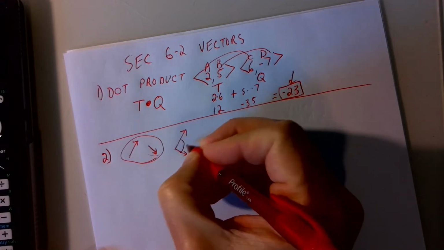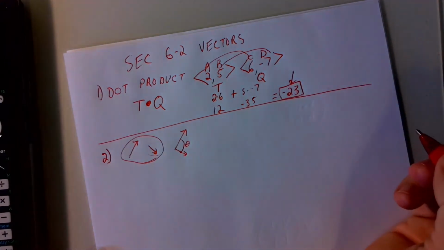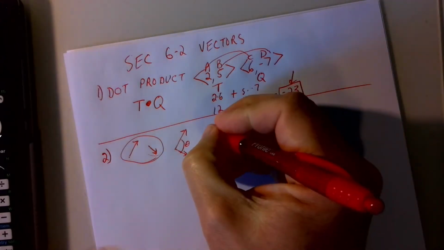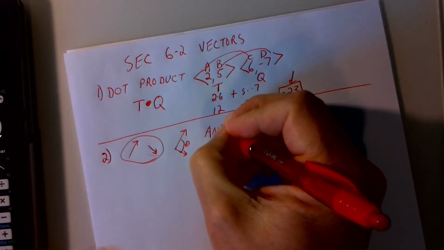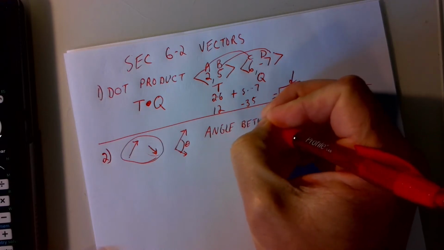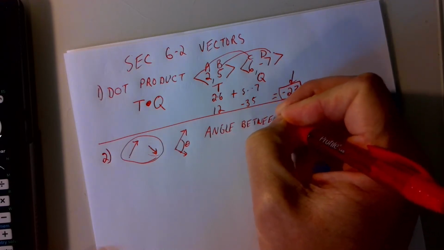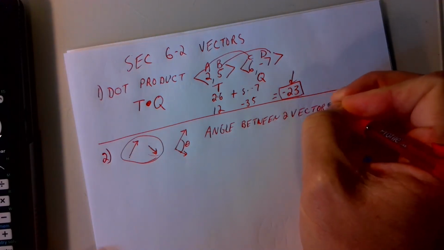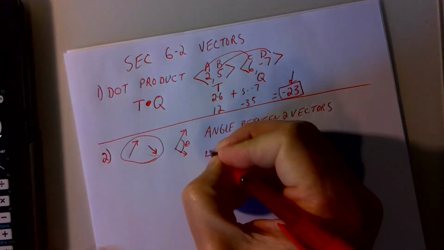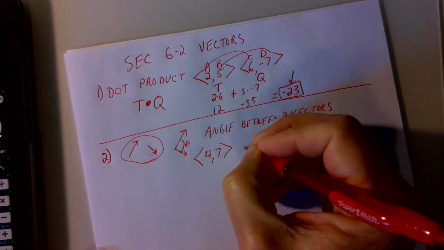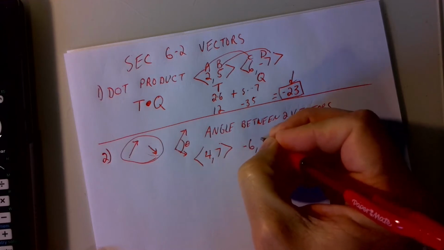We could find this angle, theta, in between these two things. So the formula asks for an angle between two vectors. And what we have to be able to do is get two vectors. So let's go 4, 7, and negative 6, 3.